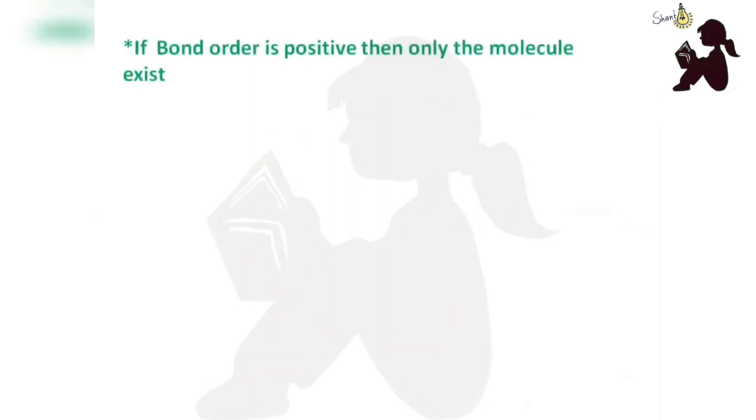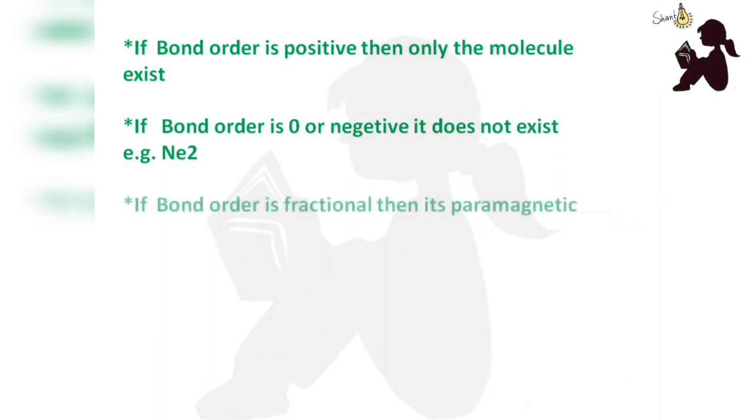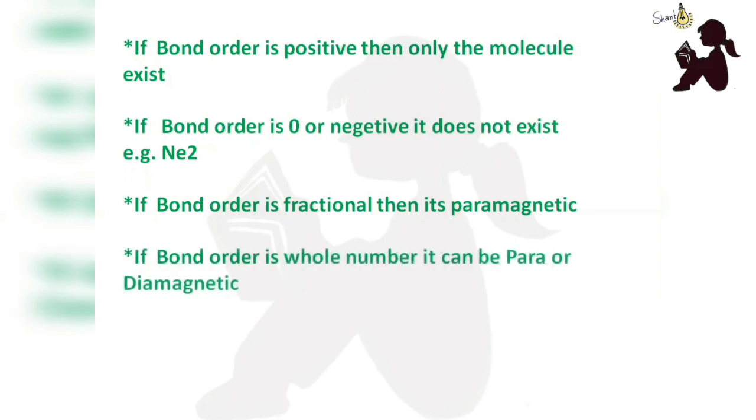That is, if bond order is positive, then only the molecule exists. Then if bond order is 0 or negative, it doesn't exist. For example, He2 doesn't exist in real life. And if the bond order is fractional, then it's paramagnetic. If the bond order is a whole number, it can be para or diamagnetic.